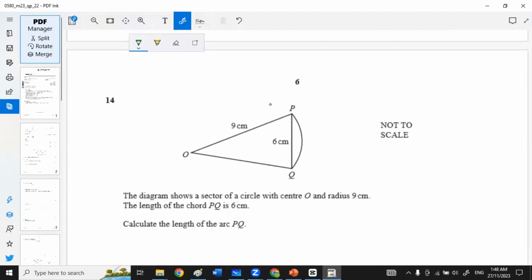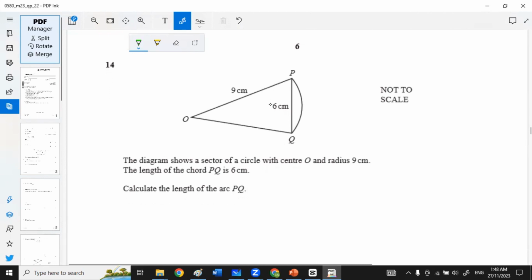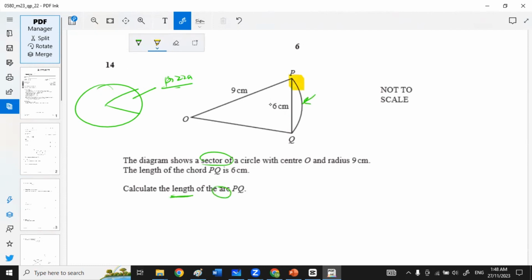Number 14. The diagram shows a sector. Okay, a sector is basically a slice of a circle. To calculate the length of the arc, R is here. Be very clear, R is here.